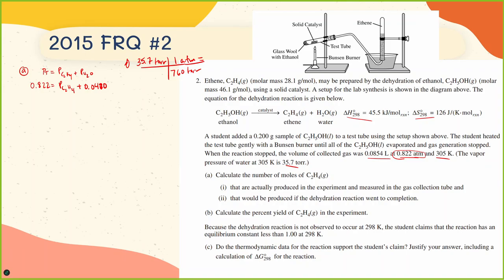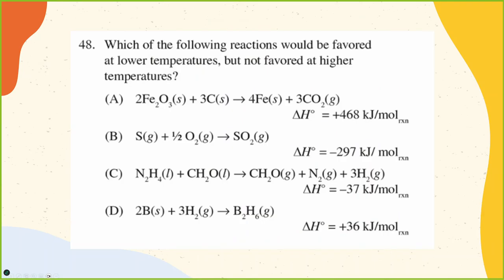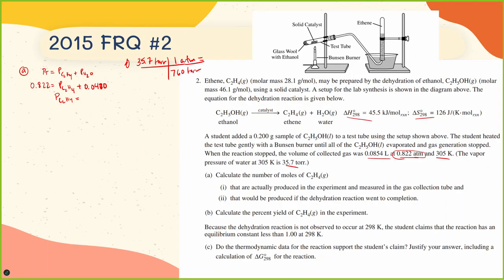This gives me the pressure of this to being 0.775 atm. I need that to do my PV equals nRT now.